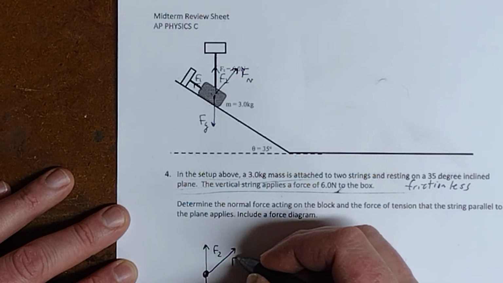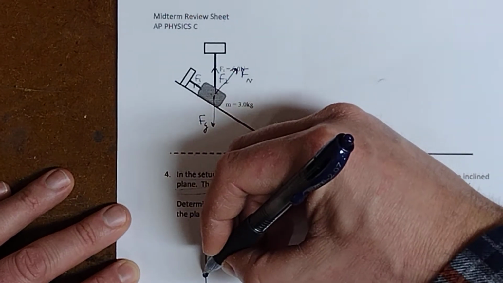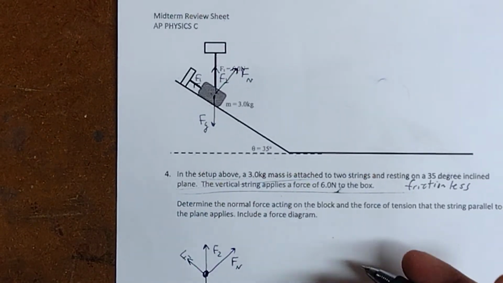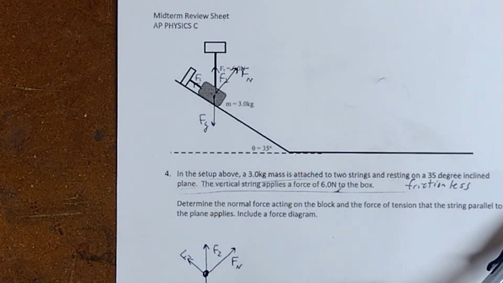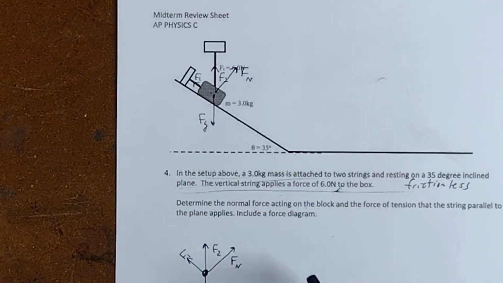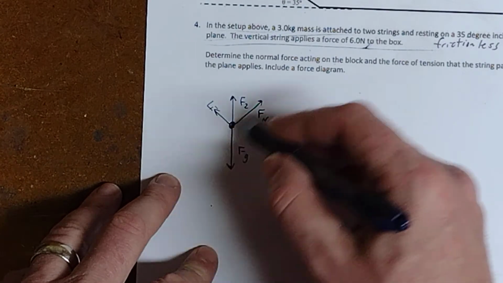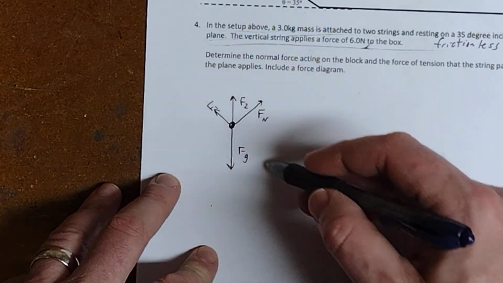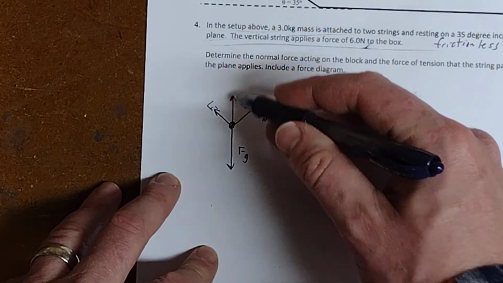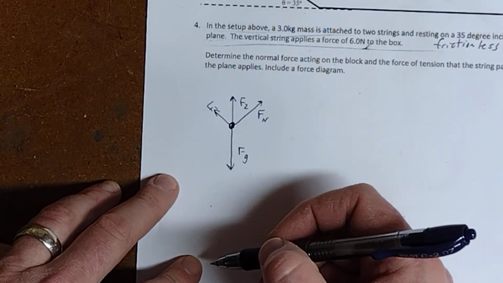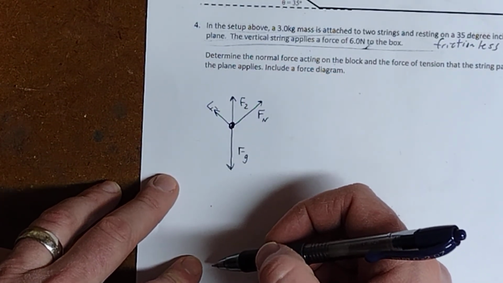I'll call this Fn, and perpendicular to that is going to be F1. Either way, you're going to get 2 forces on the axis. If you make it on an inclined plane like this, then you have to find components of F2 and Fg. If you put it with Fn and F1, then you solve for those directly.